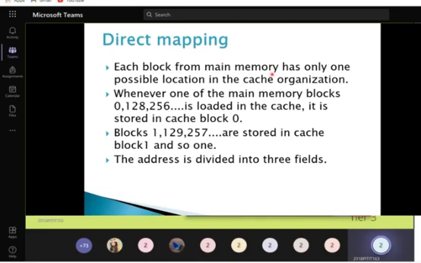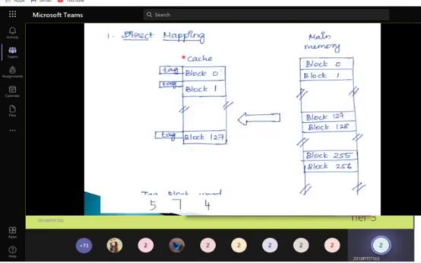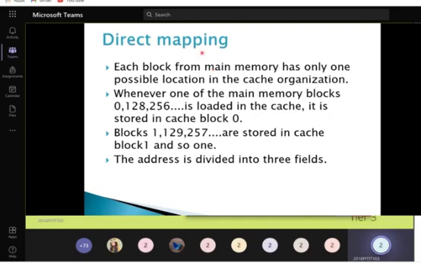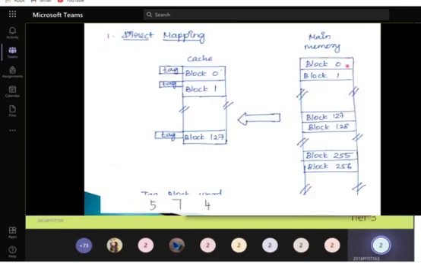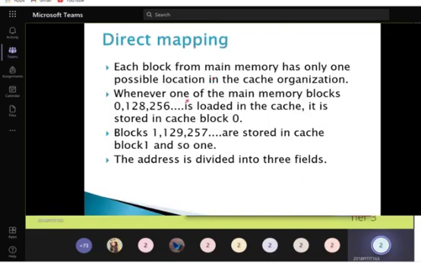Each block from the main memory has only one possible location in the cache organization. Each block from the main memory will have only one location in the cache.